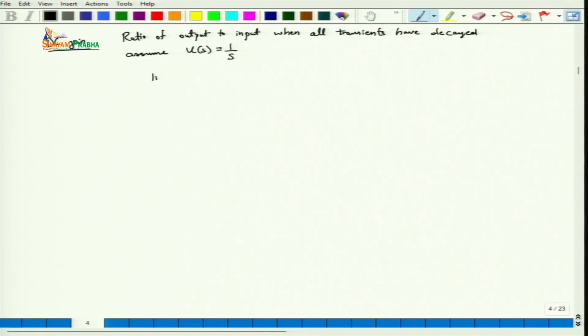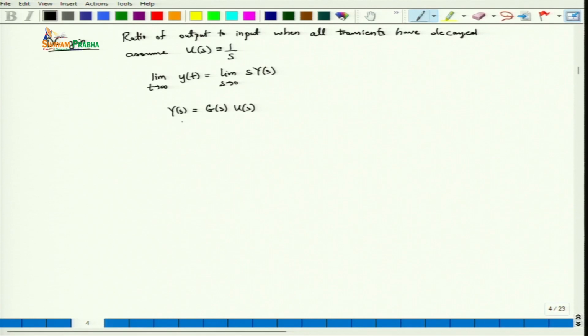So based on this, as we have seen in the last lecture, the limit as t tends to infinity of y of t, the final value theorem tells us, is this limit. Now, as you know from the definition of the transfer function, y of s is equal to g of s times u of s, right?